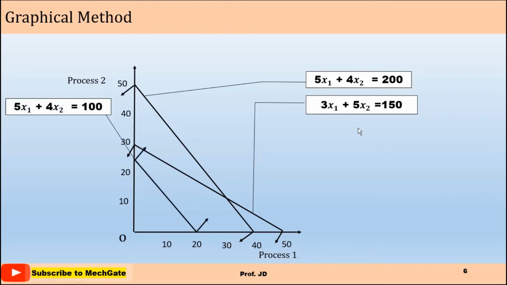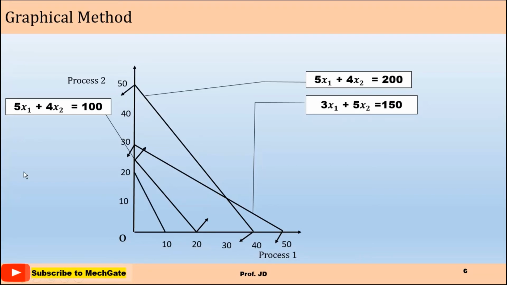Now the third constraint is greater than or equal to type, 5x1 plus 4x2 greater than or equal to 100, so it will move away from the origin. You can check the direction of movement of any constraint by taking any random point in the region. So let's say this is 5x1 plus 4x2 equal to 100, so it will move away from the origin.